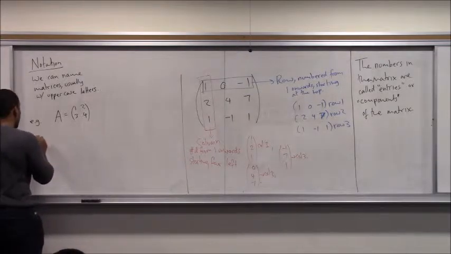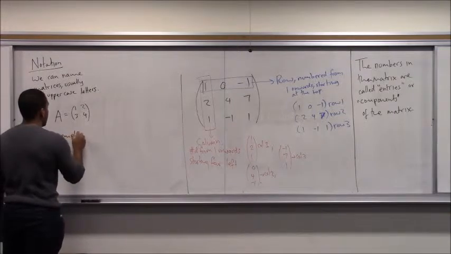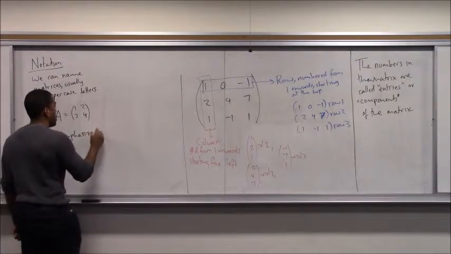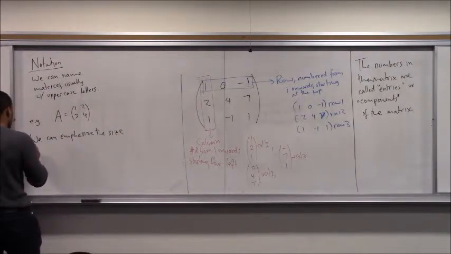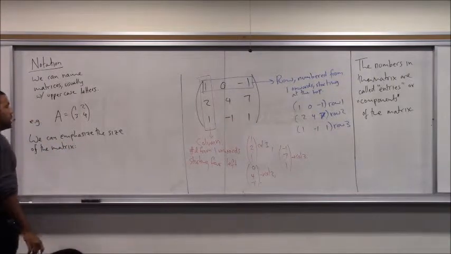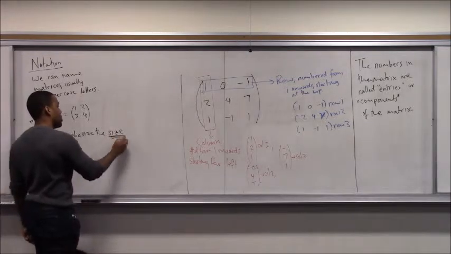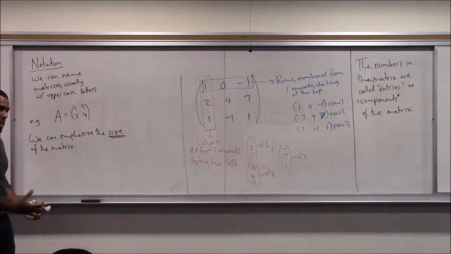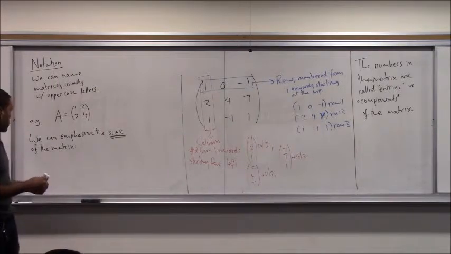We can emphasize the size of the matrix. Now the size of a matrix is something you should know. It's basically someone telling you how big the matrix is, and they tell you the size, or dimensions.